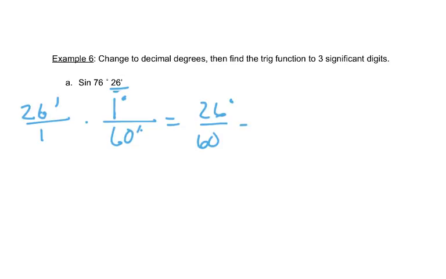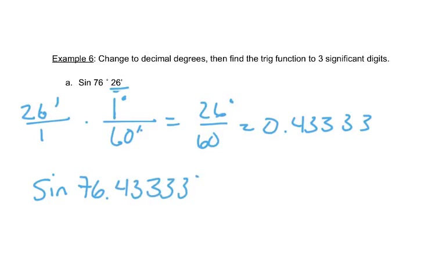And this is 0.4333. So we'd have the sine of 76.4333 degrees. In the end, we'll round to 3 significant digits, but in the middle of the problem, you need to not round. You need to keep several spots.